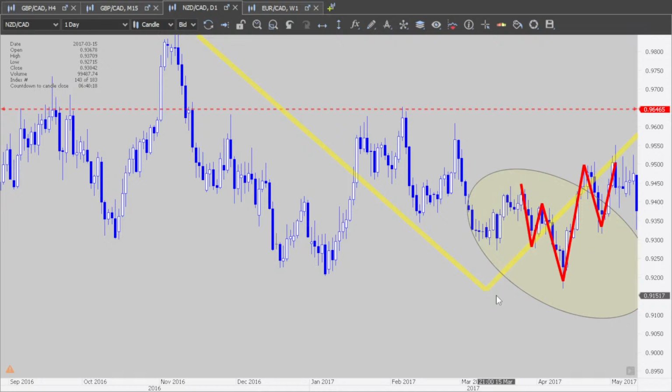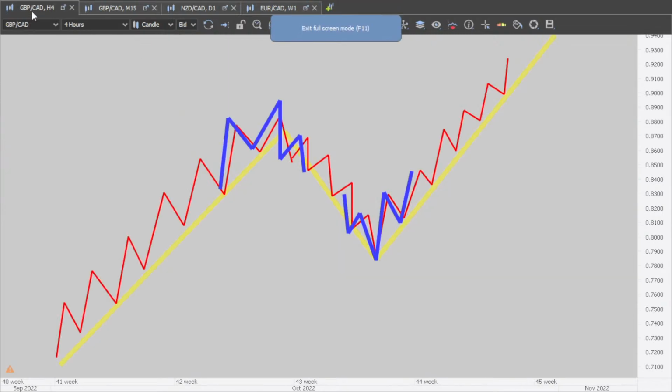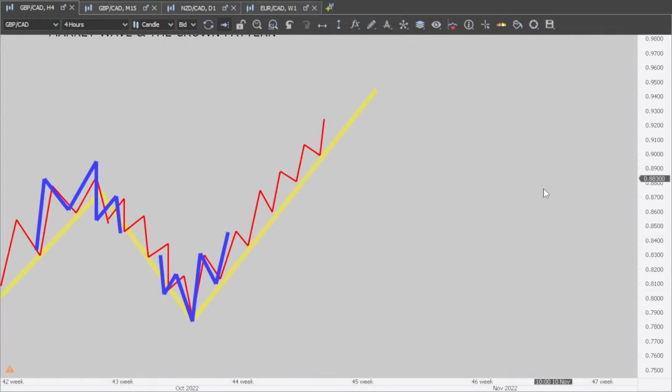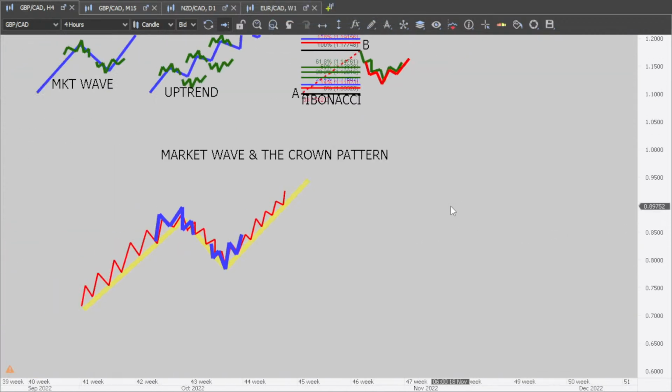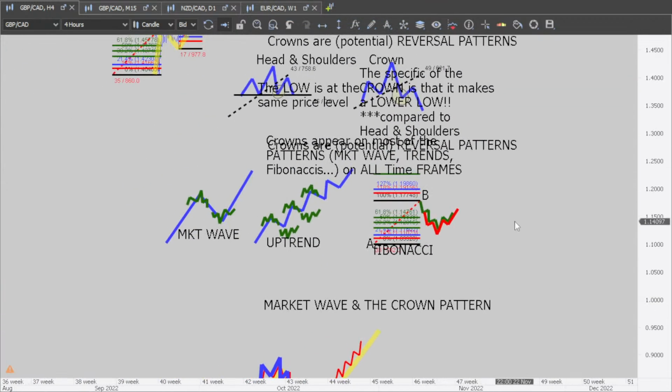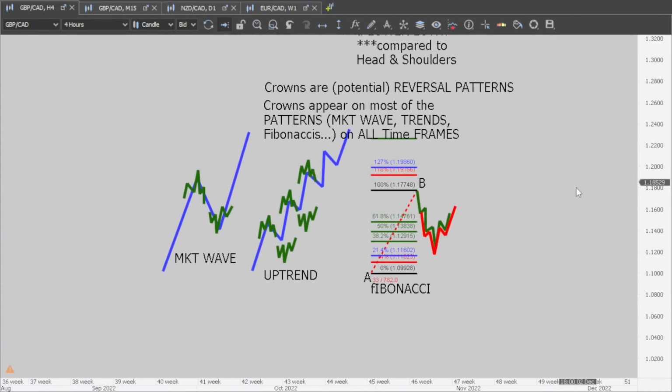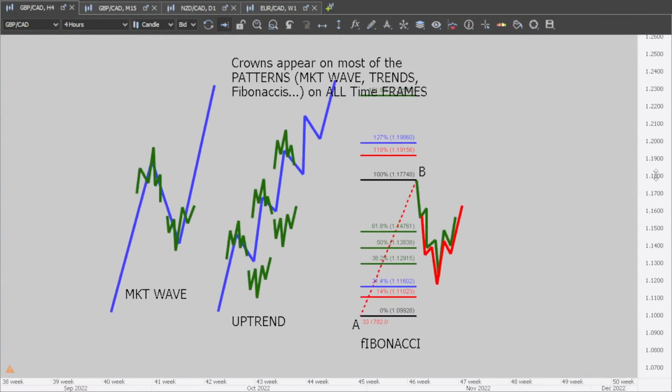Somebody's asking, boss, can I use crowns for entry? Absolutely yes. We are using crowns, everybody. Now remember, this is one more. You don't need to do everything and anything, but if you want, you can use crowns.